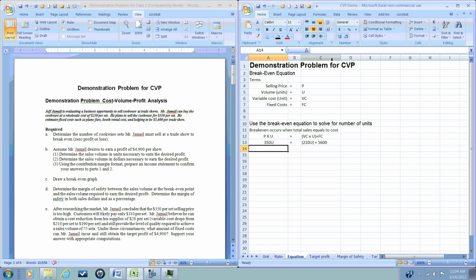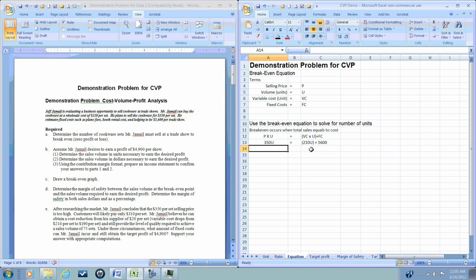So now let's solve for our unknown. We want to bring this 210U over to the other side of the equal sign.